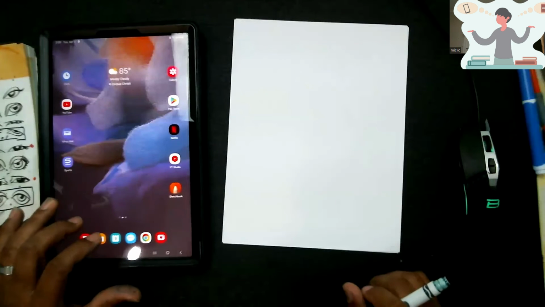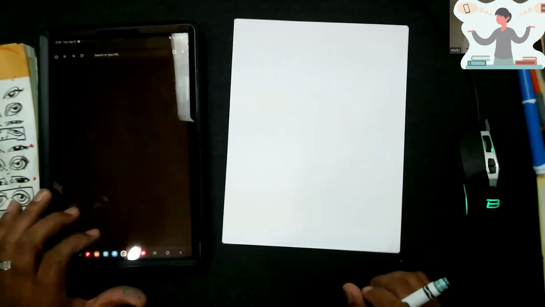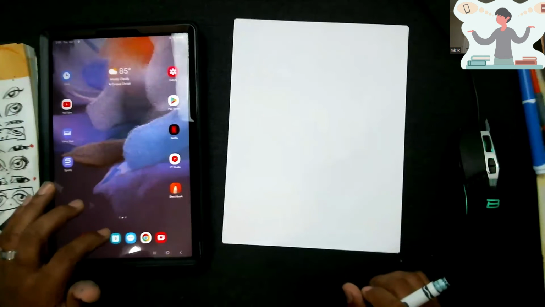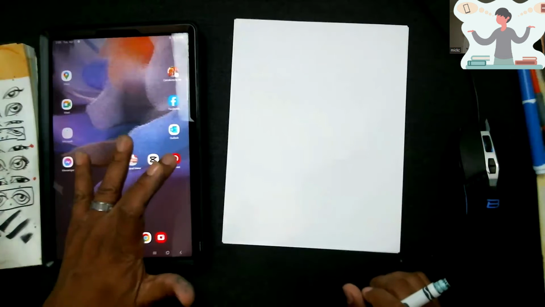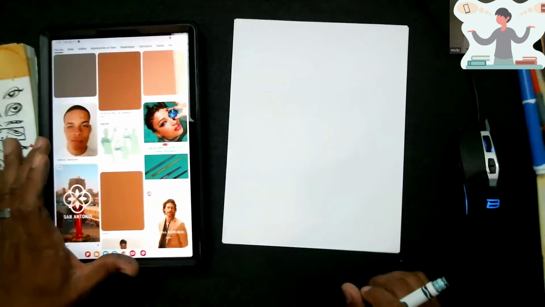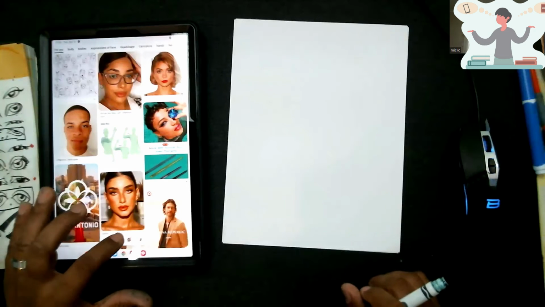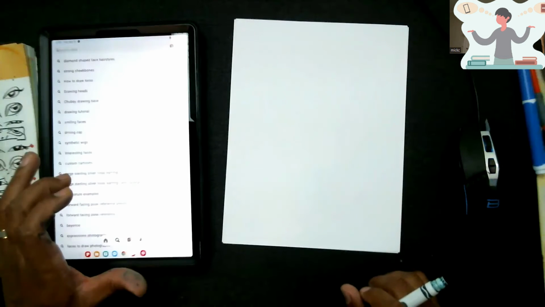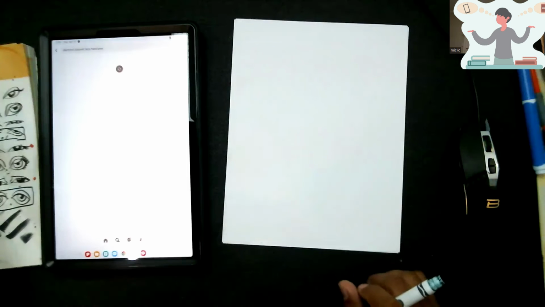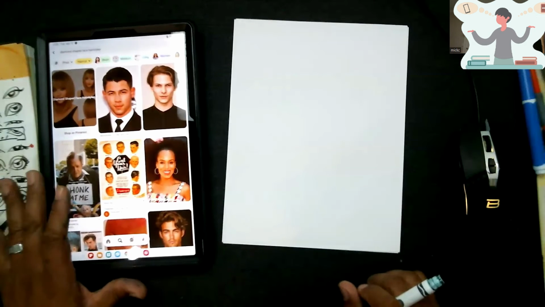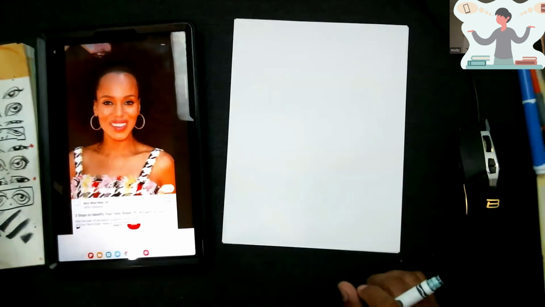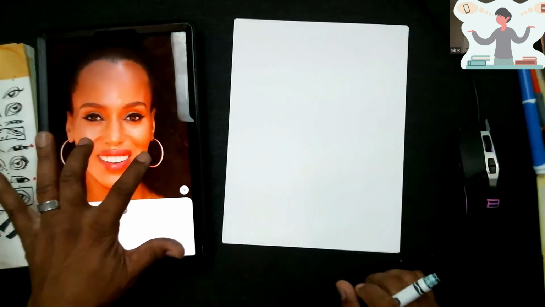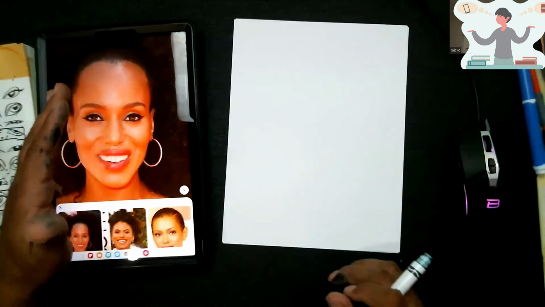Let's go to... okay. When you see a diamond shape, you see how tall it looks versus wide.